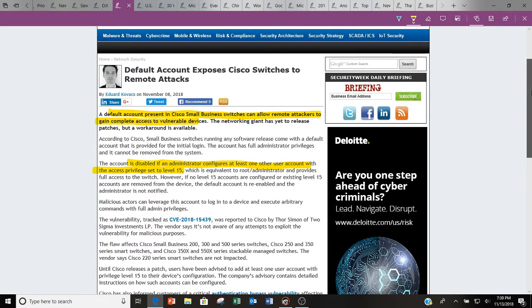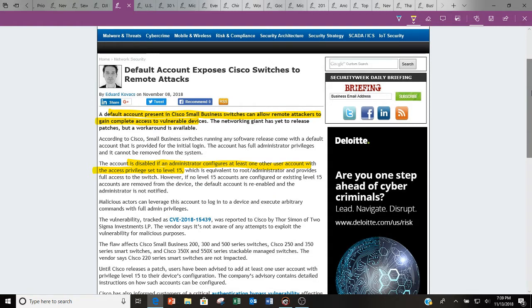Default account in Cisco small business switches can allow remote attackers to gain complete access to these devices. Now here's the workaround. If you have created a new administrator account with an access privilege set to 15, it won't affect you. So let me put it to you in this way.